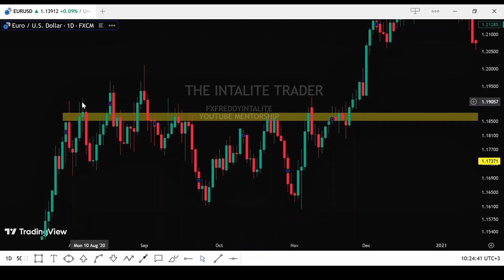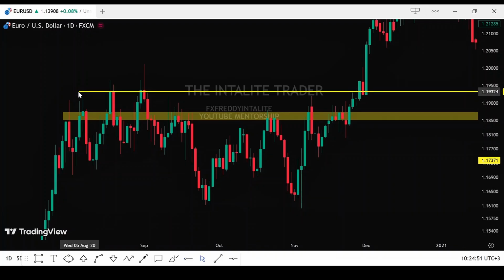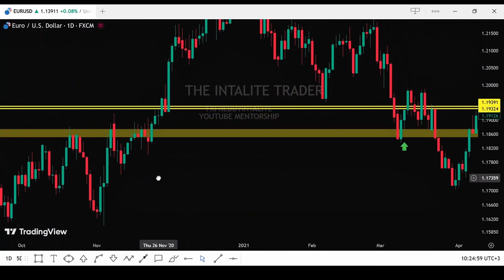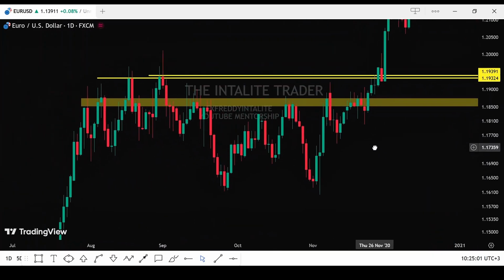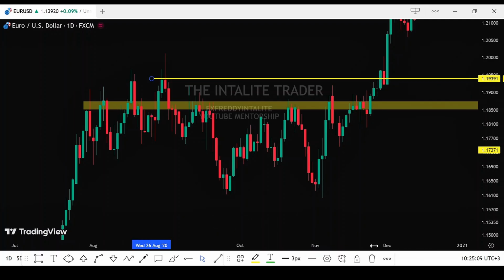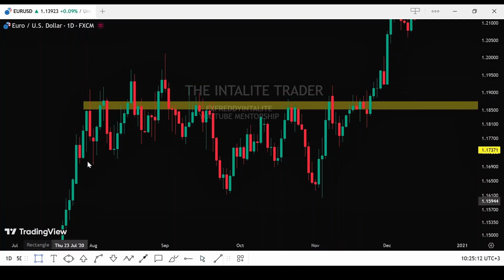The same thing applies to this point. We could say we draw a level here where the candle closed. We also have this one where the candle opened. But if we do this, it leads to analysis paralysis. So what we do, we remove all of these lines and draw one zone.